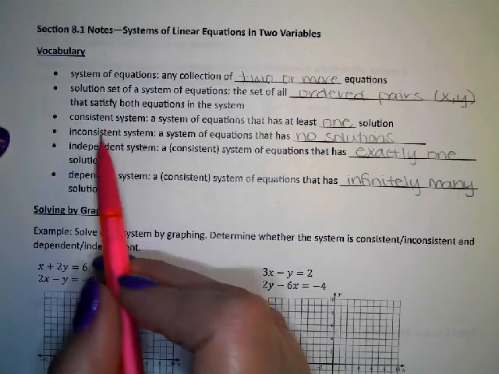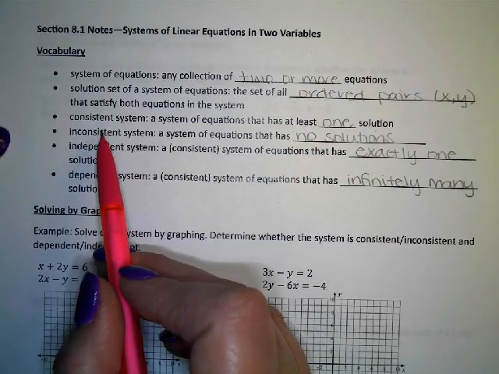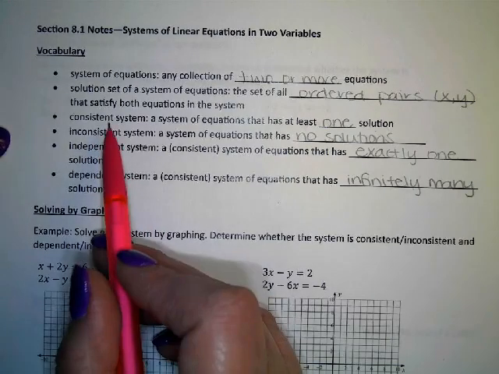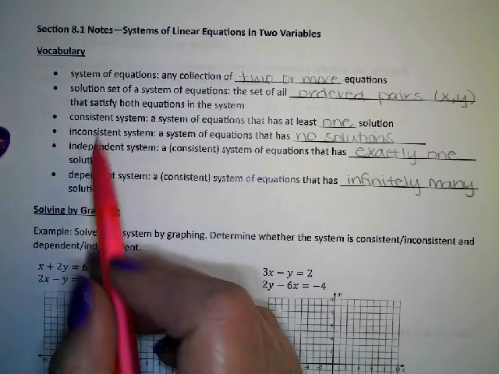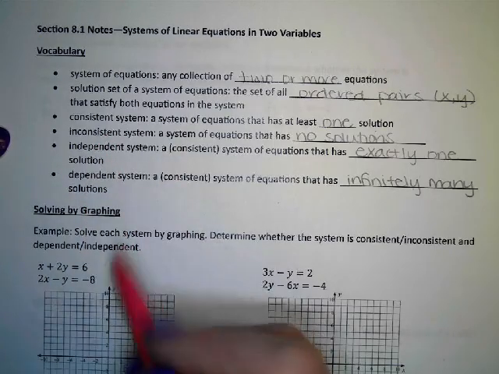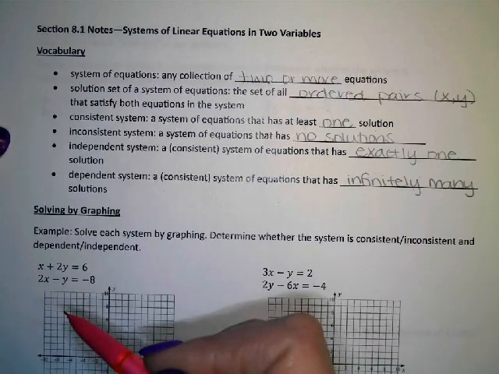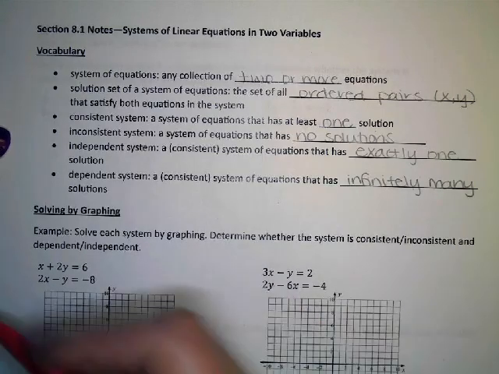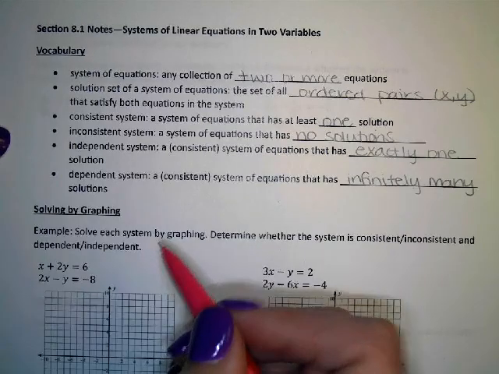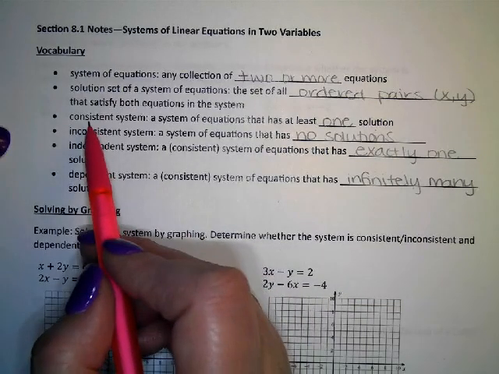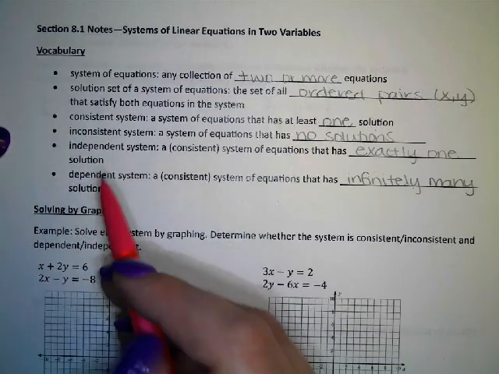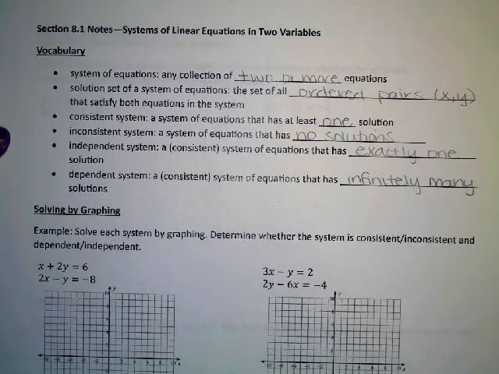But I'm not as concerned with the student being able to memorize the difference between these. I'm more concerned that in an individual problem, you could tell me it has a solution, it has no solution, it has infinitely many solutions. I'm less concerned about the jargon here and more concerned that you can actually see it on a graph.